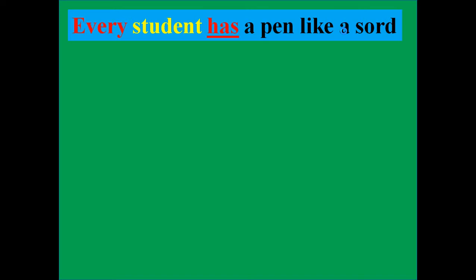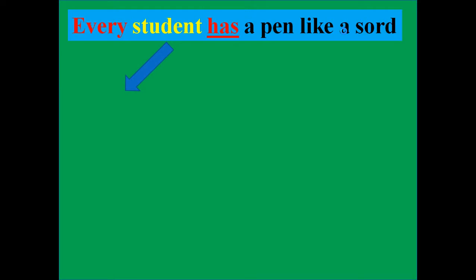Every is every, student is a noun, and then has, I mean the main verb of have, is an auxiliary verb.